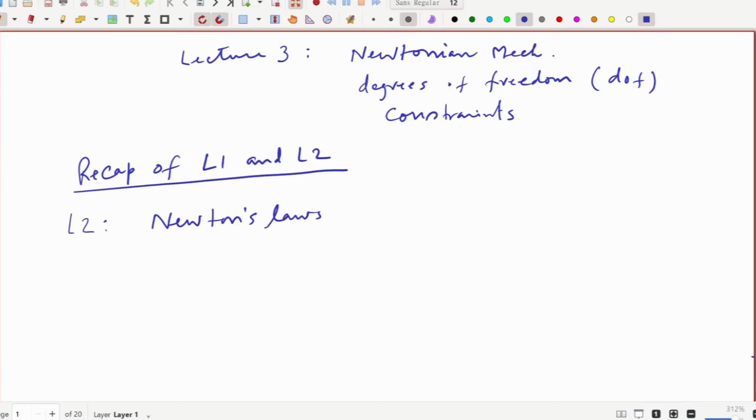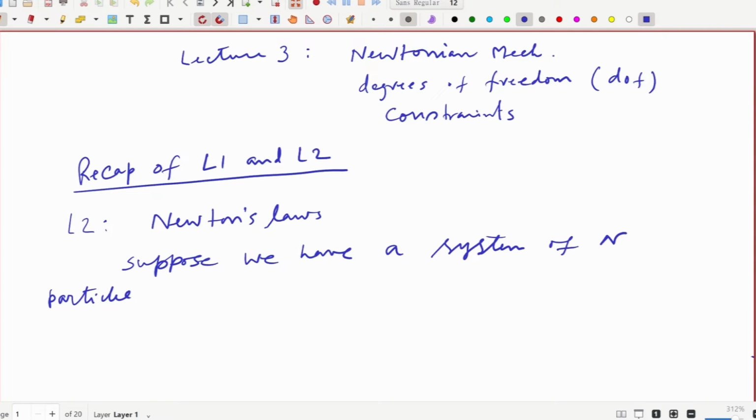So, suppose you have a system of n particles. We denote them with the number i, and then we need to calculate the forces on each and every particle.